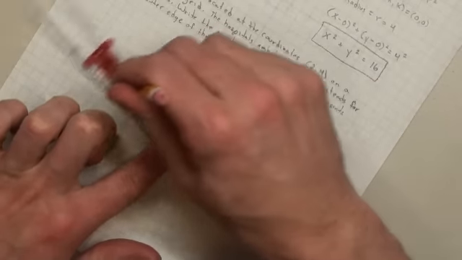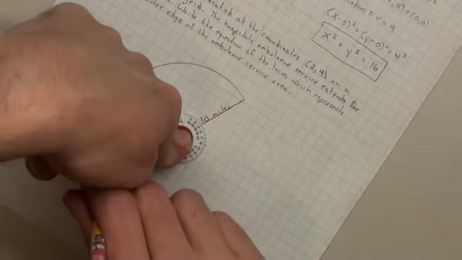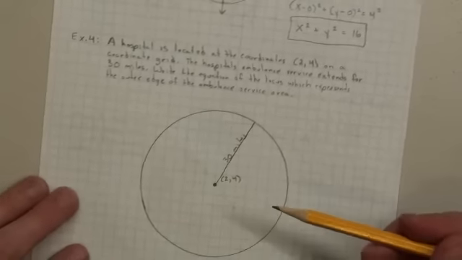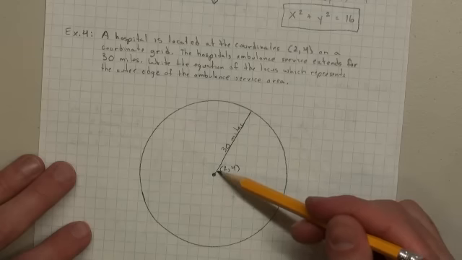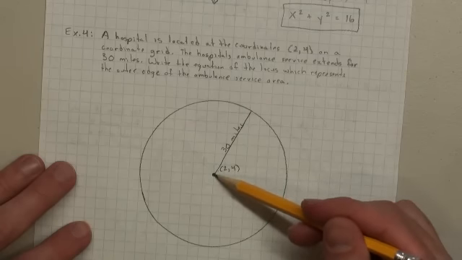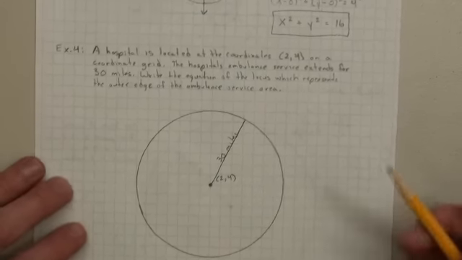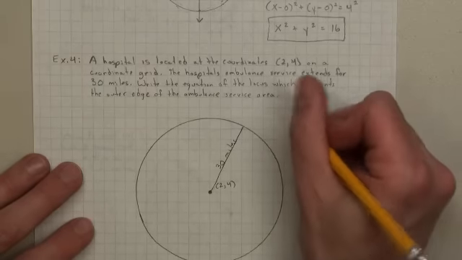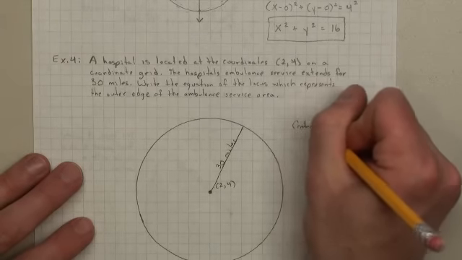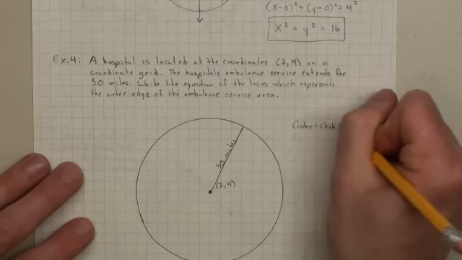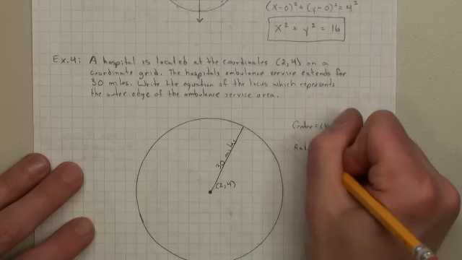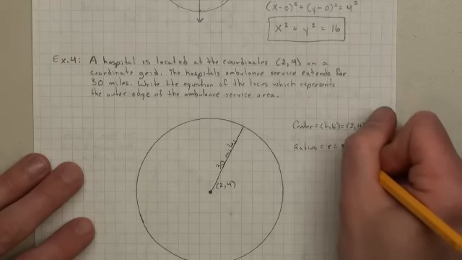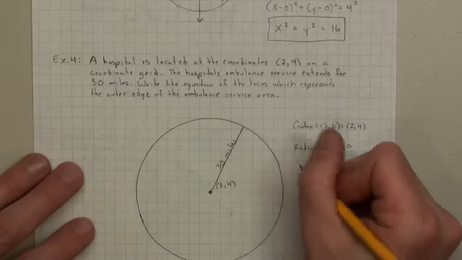So now let me draw my locus of points that are 30 miles. So this is a circle that represents all the points 30 miles from my hospital, which is right here at the coordinates (2, 4). So again, our center, which is h, k, is (2, 4), and our radius, which is r, is 30.